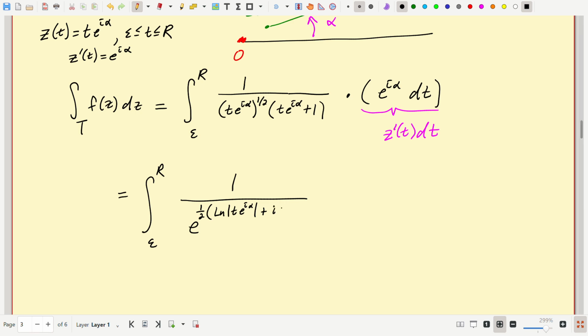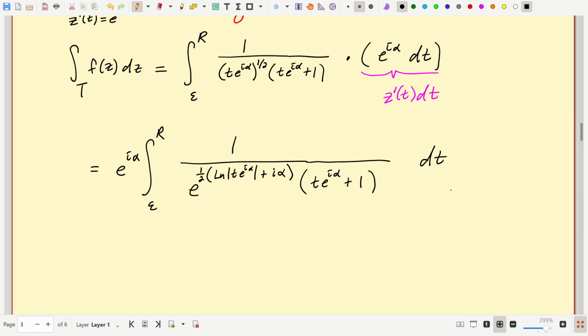And so remember, the angle's going from 0 to 2 pi. So there it's exactly alpha. And then I have t e to the I alpha plus 1. I can pull this e to the I alpha out front if I want. And I get a dt here.